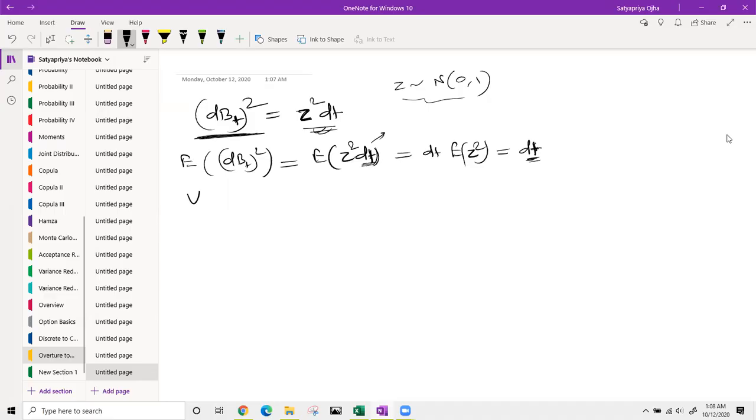All right, what about the variance? A scalar will come out as a square, because it is a scalar, so the variance is dt square times the variance of z square. What is the variance of z square? This might be difficult, but do you remember what distribution z square follows? If z is standard normal, what is the distribution of z square?